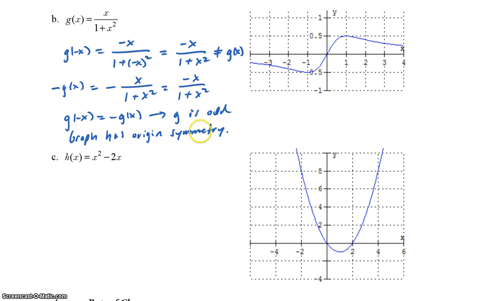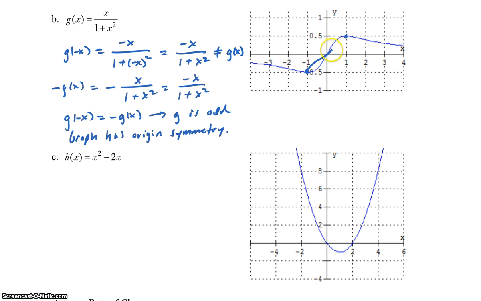And what that means, again, let me just use 1 and negative 1 to demonstrate this. Consider the points on the graph of g at negative 1 and at positive 1. Draw a line segment joining those 2 points. Well, I'm trying, but I'm having trouble.